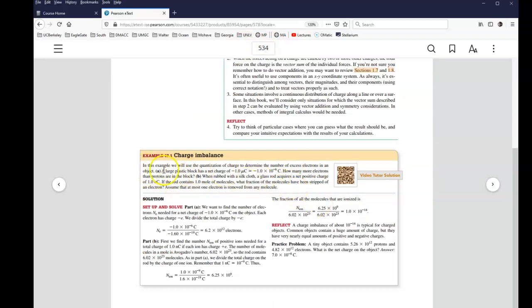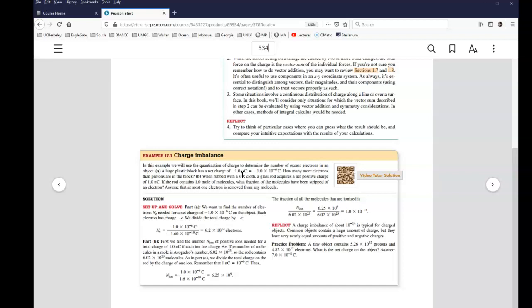It says, in this example, we will use the quantization of charge to determine the number of excess electrons in an object. So we have A and B, two parts. A large plastic block has a net charge of -1 microcoulomb.